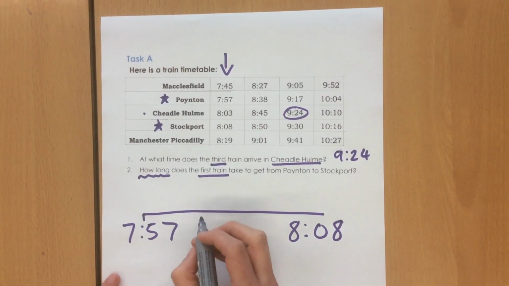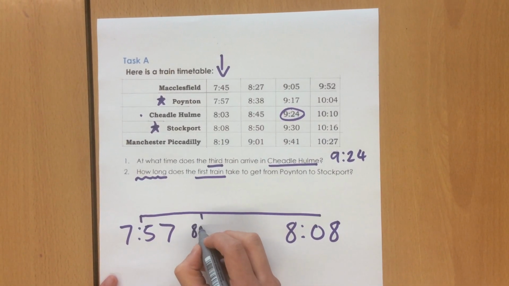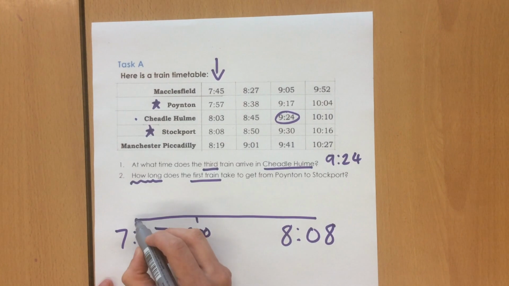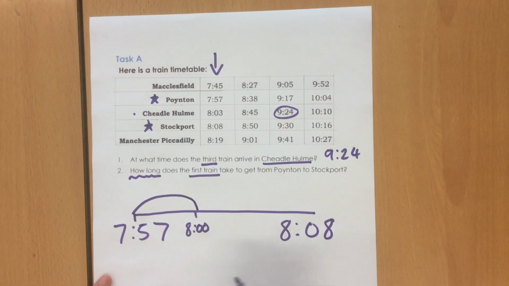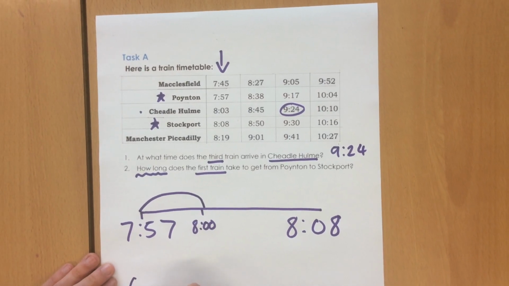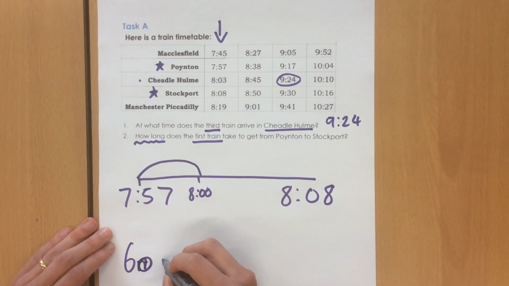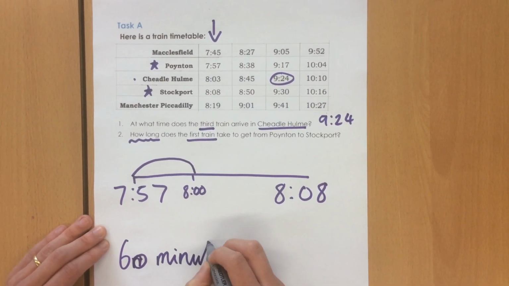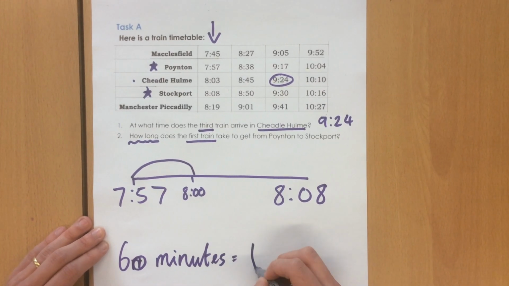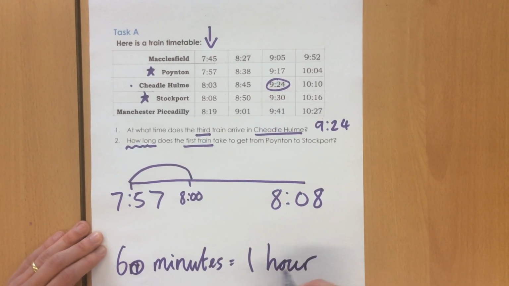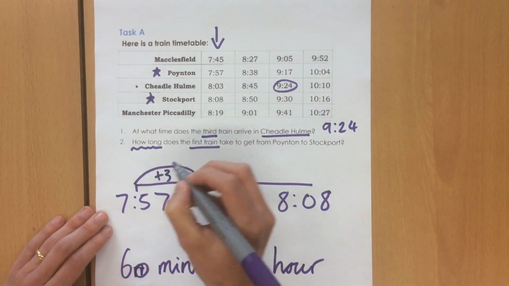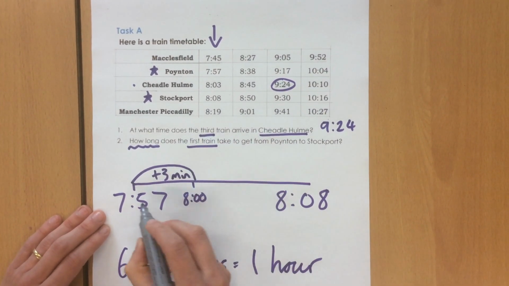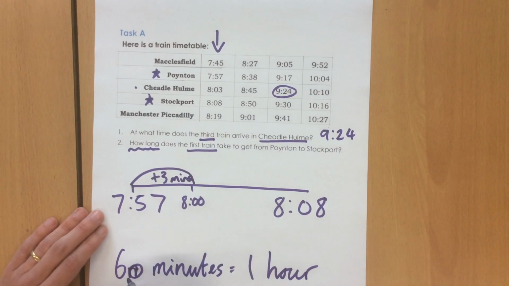So to get to the nearest hour would be 8 o'clock. We'll put 8 o'clock here. So what jump do I have to do from 7:57 to get to 8 o'clock? Well, I know that there are 60 minutes in 1 hour. So I'm working in 60s, not in hundreds. So I only need to add 3 minutes here to get to 8 o'clock.